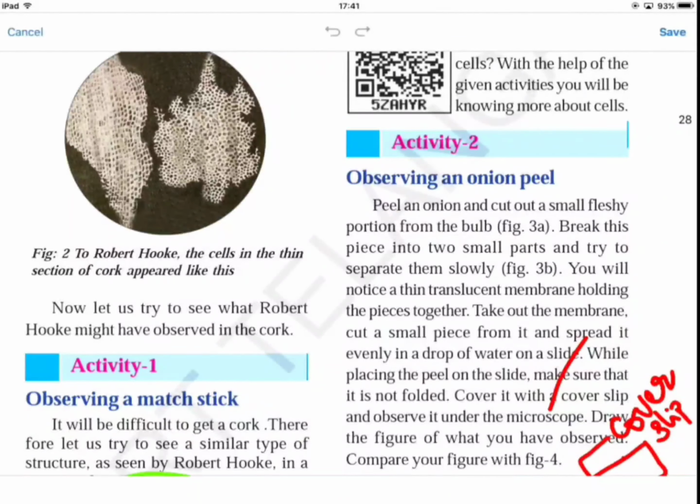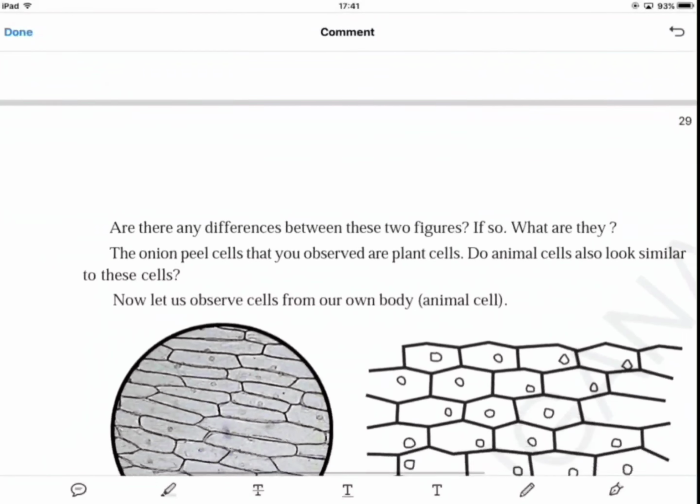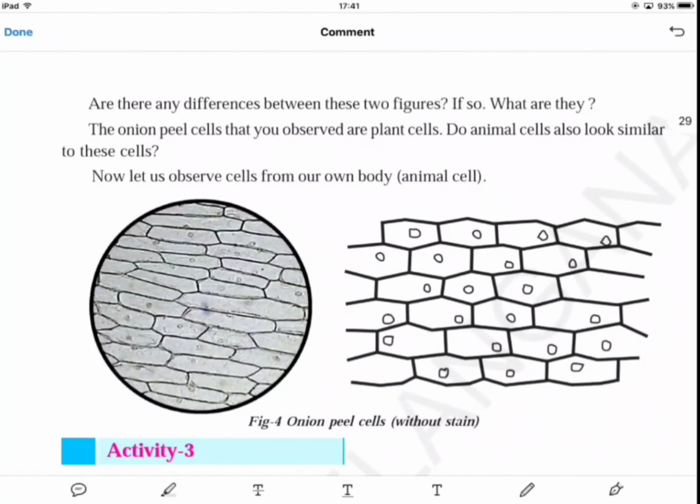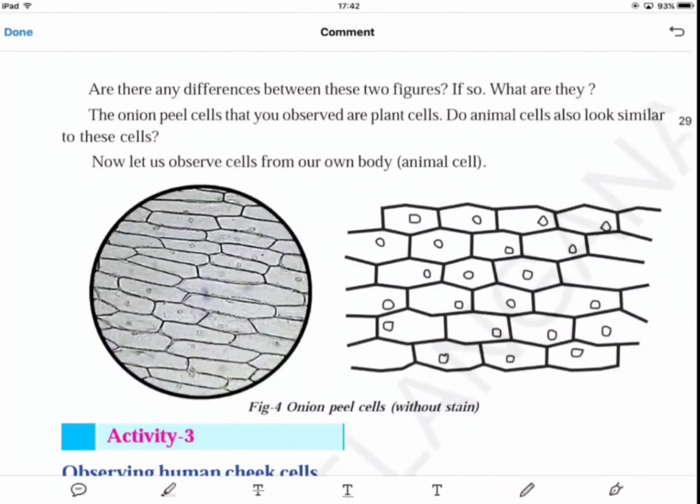You take that carefully and put it in water, and with the help of a brush, make a slide and put it under the microscope. Then you can see the cells like this. Actually, the thin translucent membrane will be white in color.